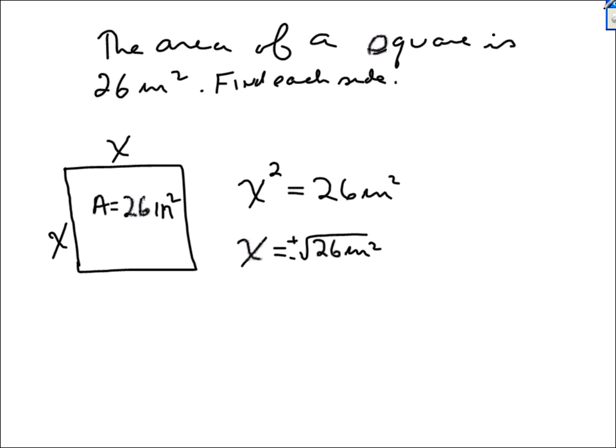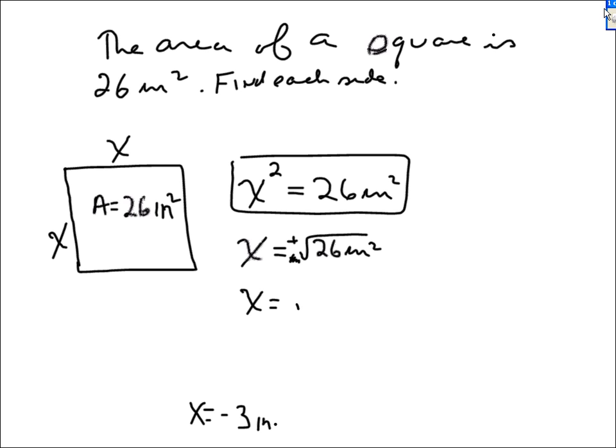Now, it's ridiculous for the length to be negative. Mathematically, if x squared is 26 square inches, then x is plus or minus the square root of that. But x represents the length of a side of a square. What would it mean for the side of a square to be, say, negative 3 inches? It would be silly.